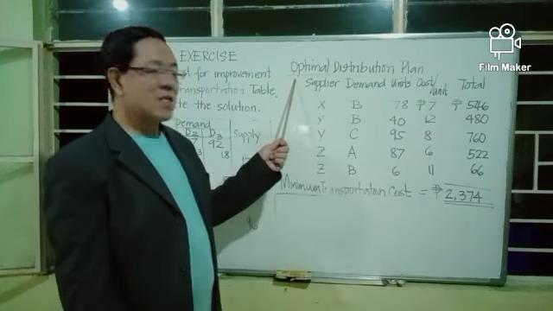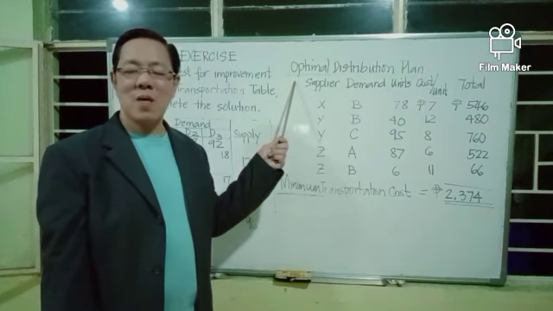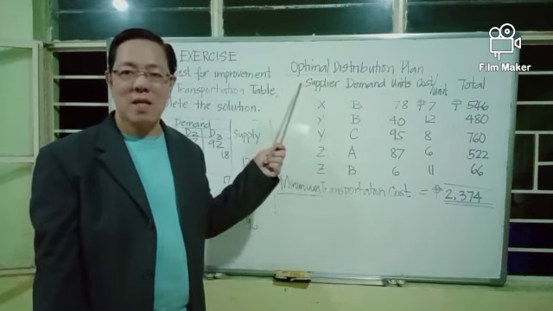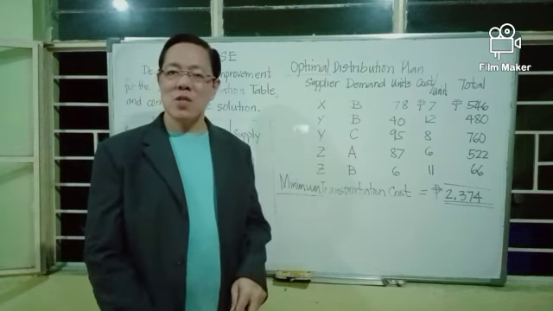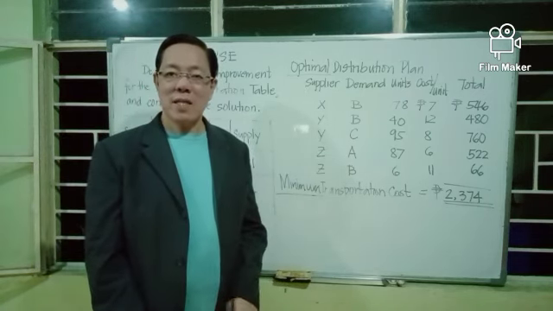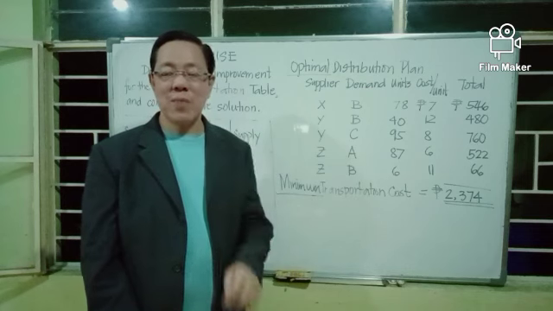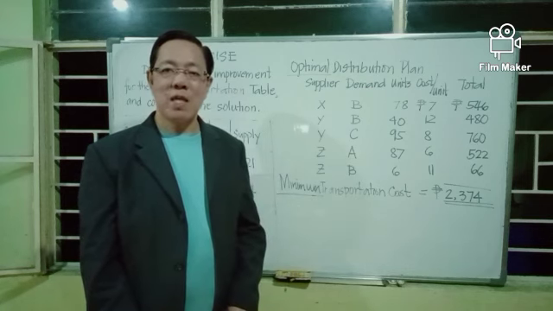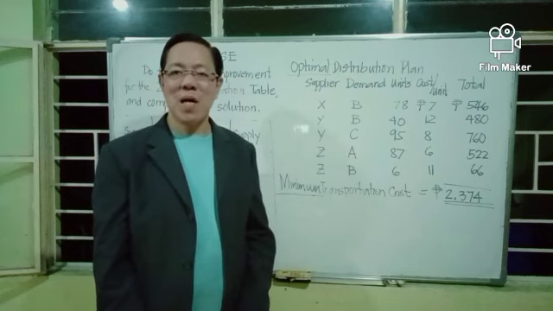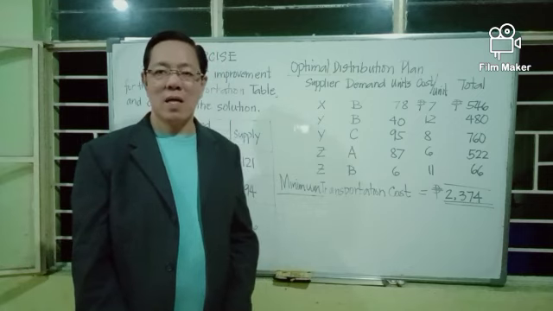So this optimal distribution plan is exactly the same as the fourth distribution plan. For the optimal distribution plan, you simply write again the fourth distribution plan, but instead of writing fourth distribution plan, you write optimal distribution plan.